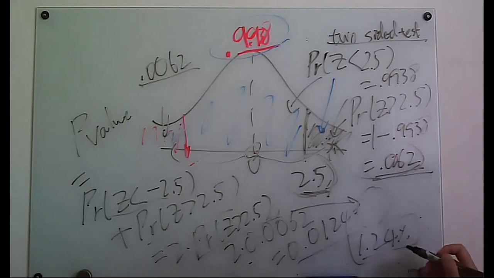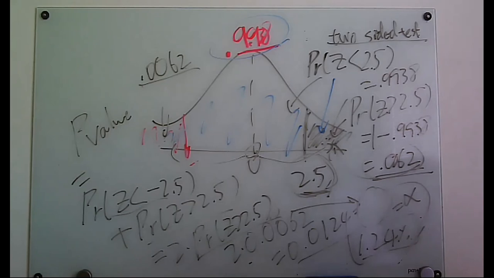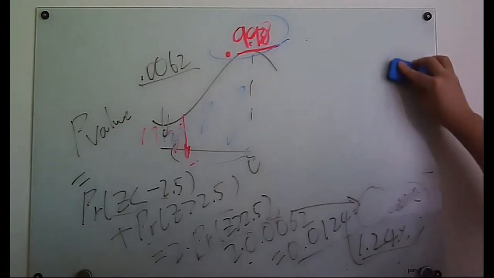Our decision rule was, if this was alpha, right? Actually, this is not alpha, this is a p-value, so we can compare the p-value to alpha.